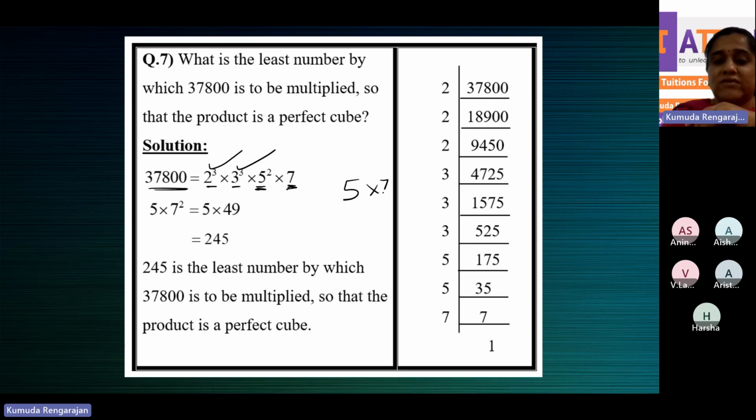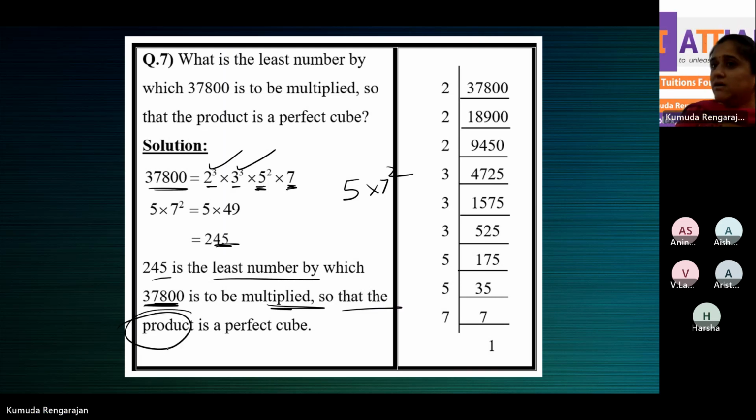So you need 7 square into 5, that is 5 into 49, 245. This is the smallest number by which the given number 37,800 is to be multiplied so that the product is a perfect cube. Not so that 37,800 becomes a perfect cube, but so that the product is a perfect cube.